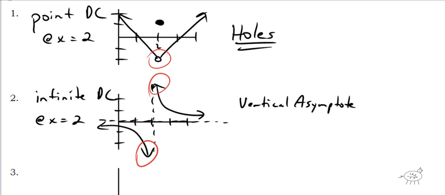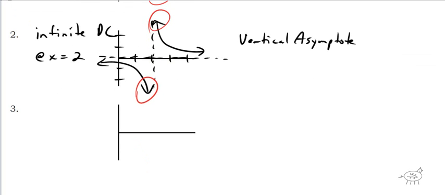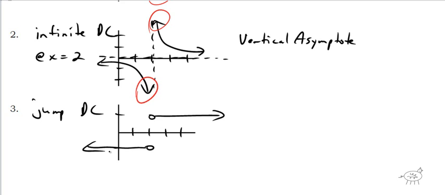Okay, and then the last type of discontinuity is a jump discontinuity. And we're going to do the same grid here. And you guys probably should recognize this nice little friendly graph. Looks like that. And like that. Okay? That's a jump discontinuity. And basically, you should recognize this type of graph, absolute value of x over x, or in this case here, absolute value of x minus 2 over x minus 2.